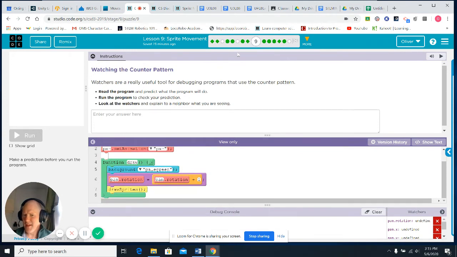It's all the same. Remember, x is one thing, one value, y is another, rotation is another, scale. They all work in the same way. So pan.x equals pan.x plus 1, it's going to move right. If you do minus 1, it's going to move left. Rotation, it's going to move clockwise or counterclockwise.